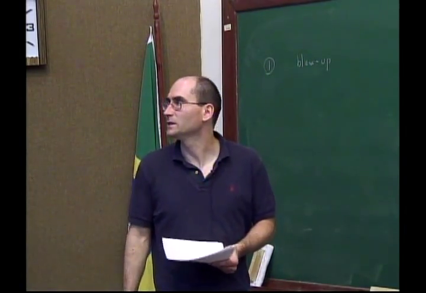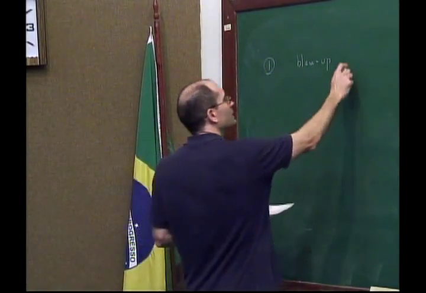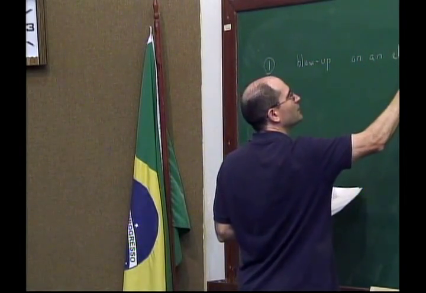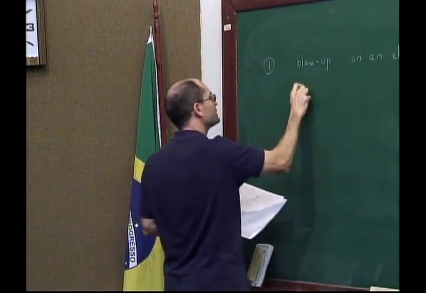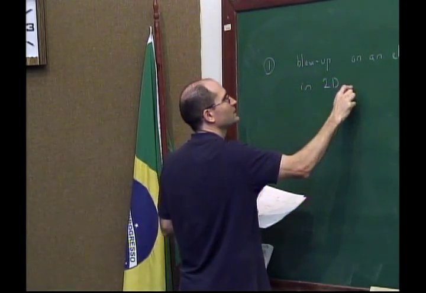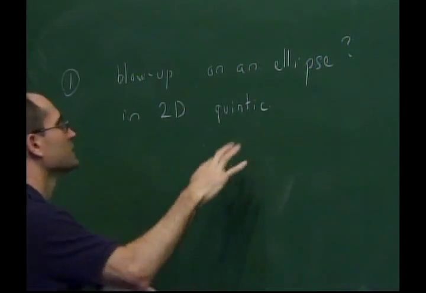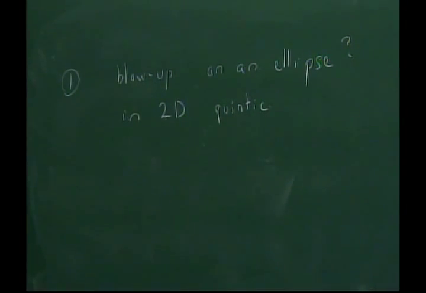a circle or sphere. How about blow-up on an ellipse, say in 2D quintic? I isolate that problem because in 2 dimensions you can use complex analysis to give you conformal mappings.